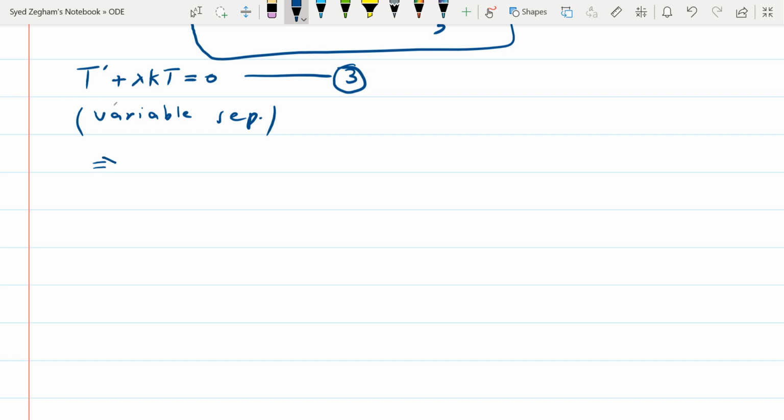So I am writing the solution directly here, that my function T will be obtained as some constant C3 e to the power minus lambda kt, or simply you can write it as C3 e to the power minus alpha square kt, because we have taken the case that lambda should be positive, so lambda we decided to keep as alpha square.